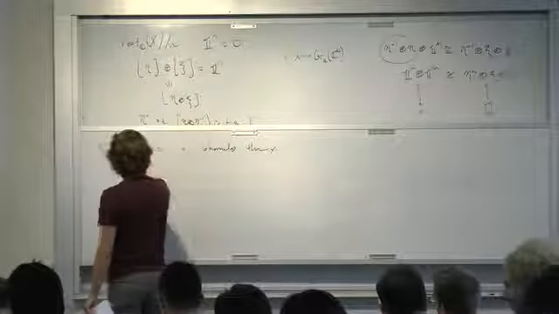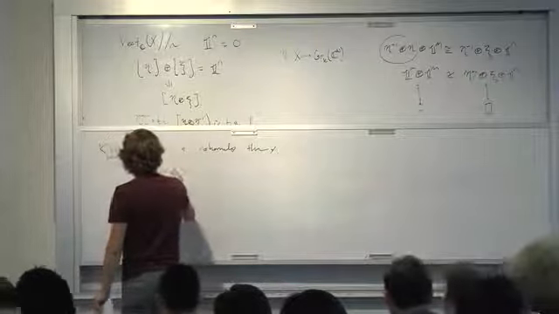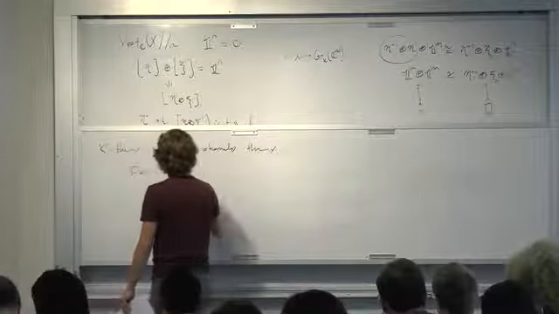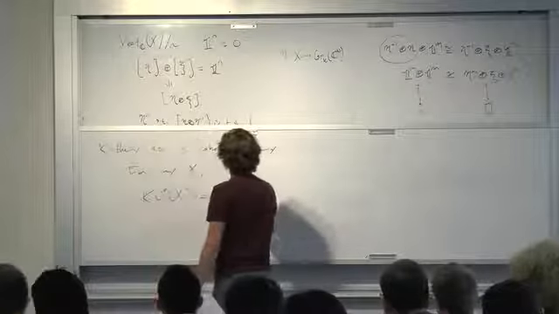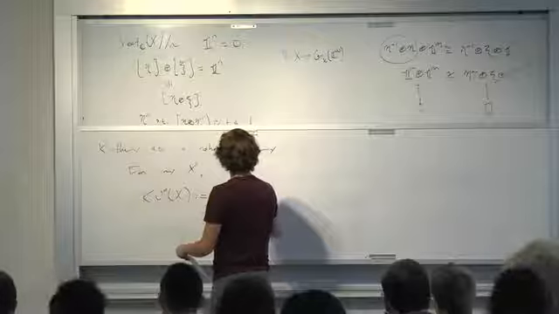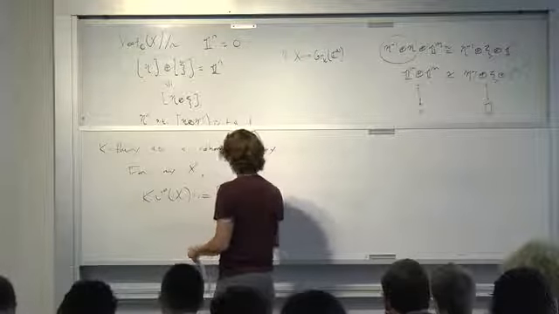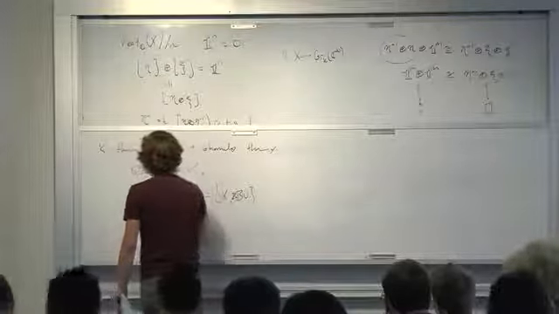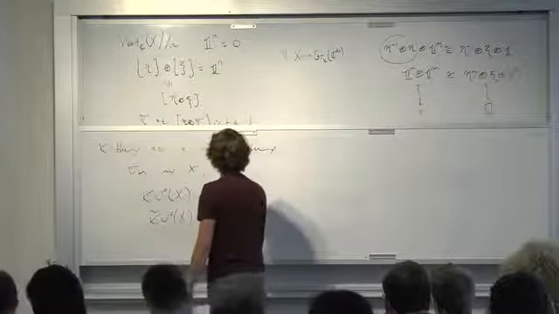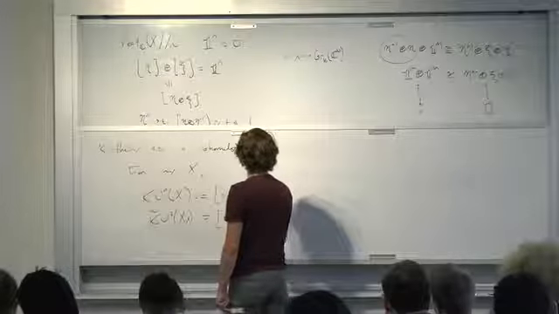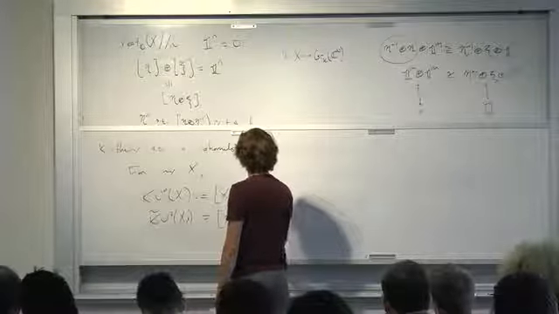So now I'm going to redefine for any X, KU0 of X to be defined as homotopy classes of maps from X to Z cross BU. And reduced K-theory in degree 0 of X is going to be pointed maps, when this is a pointed space, from X to BU.